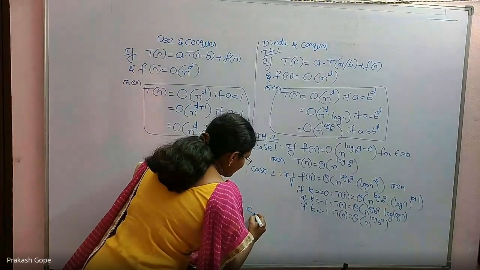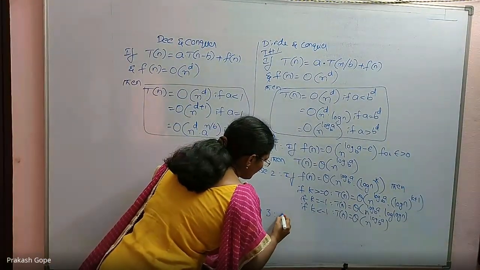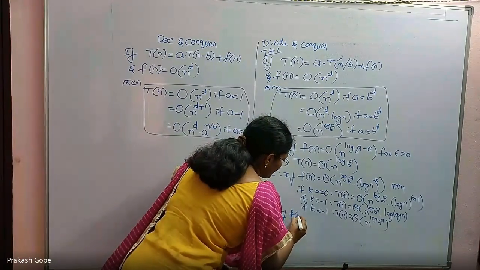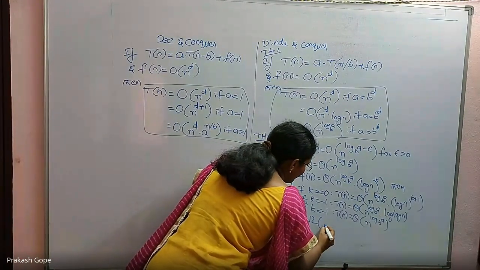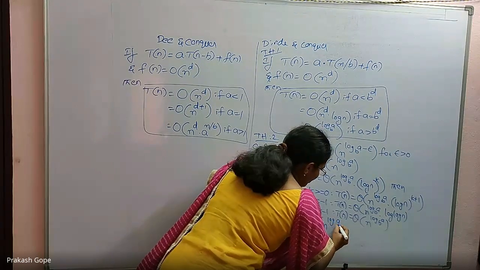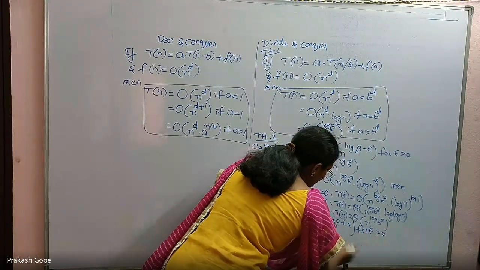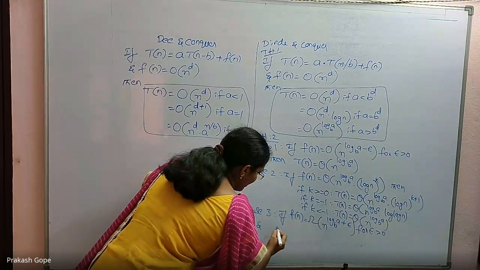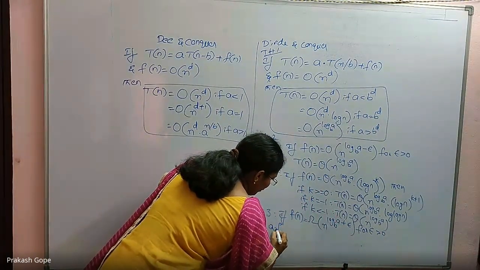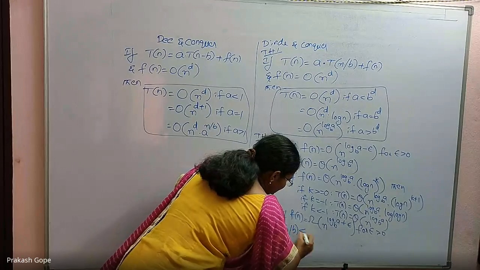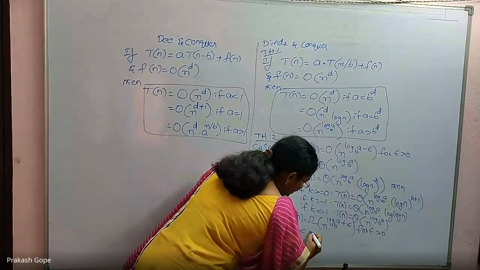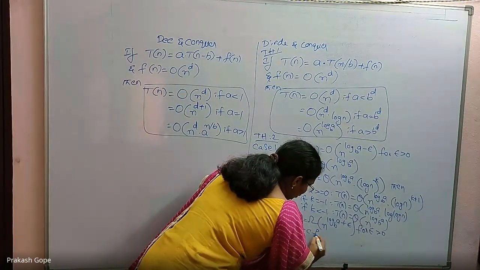Case 2, then case 3. If f of n is equal to big omega of n power log a to the base b plus epsilon for some small epsilon greater than 0, and a into f of n by b is less than some constant into f of n.